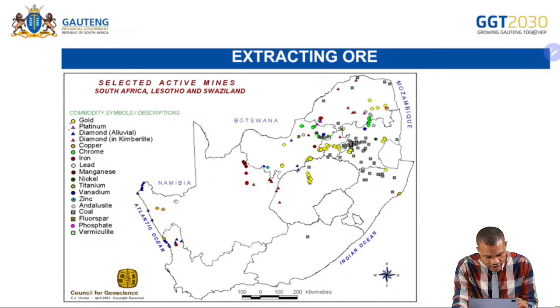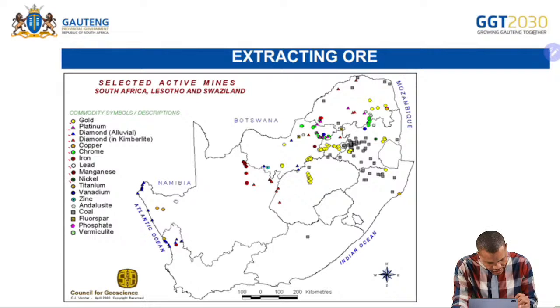The pink triangle is platinum. The bluish one is diamonds. The orange one is diamonds in kimberlite. The small orange circle is copper. The green one is chrome. The reddish one with the dot is iron. The white one is lead. Then the maroon one is manganese.